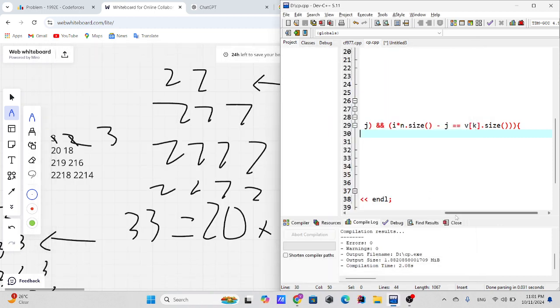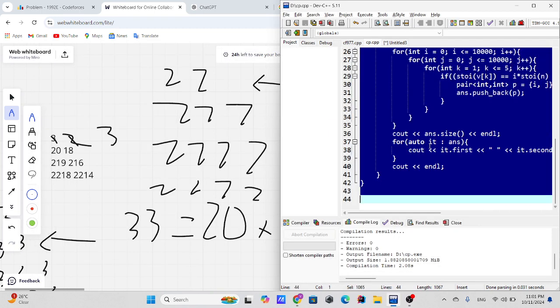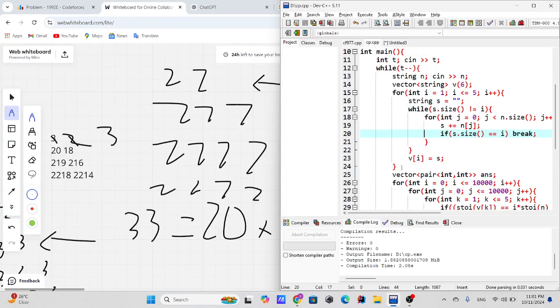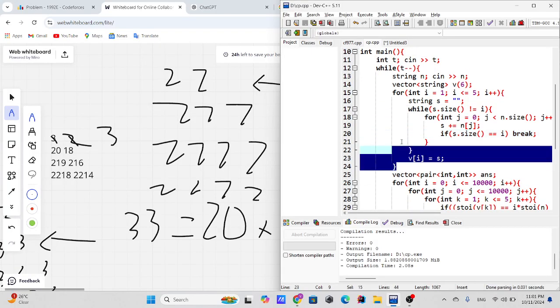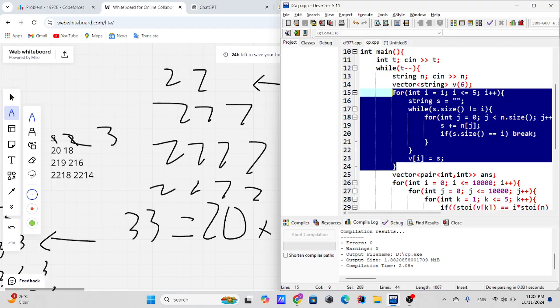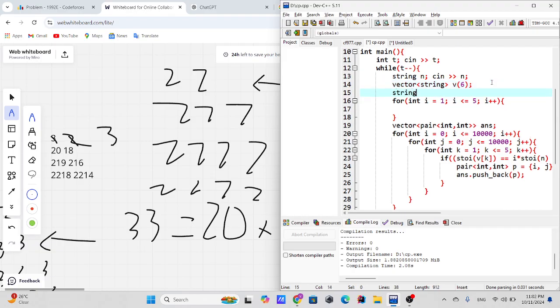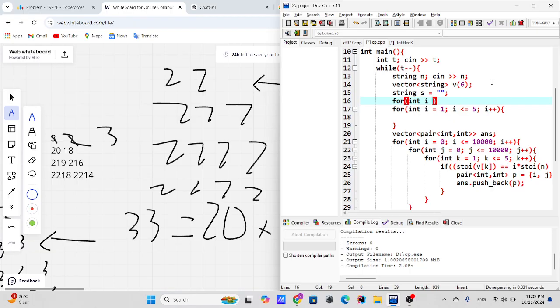I don't understand why it isn't running because this seems super logical to me. E is 0 and E is 10.